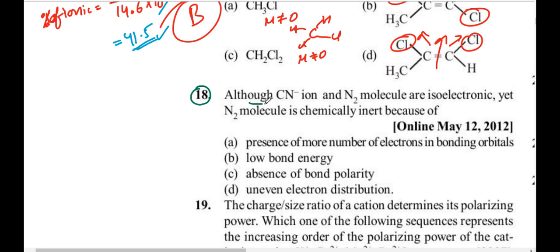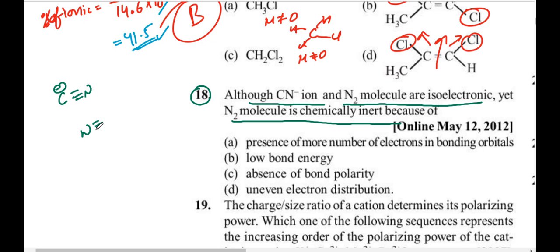Next, although CN minus ion and N2 molecules are isoelectronic, yet nitrogen molecule is chemically inert because... CN minus and N triple bond N both are same, bond order is 3, but N2 molecule is inert.